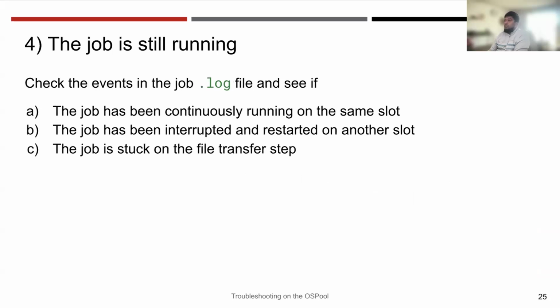For this case, the first recommendation would be to see the log file and check whether there's any interruption, whether the job is running continuously on the same slot, or whether your job is getting kicked out from a slot and then starting on another slot, or your job is getting stuck on the file transfer step or some certain step.